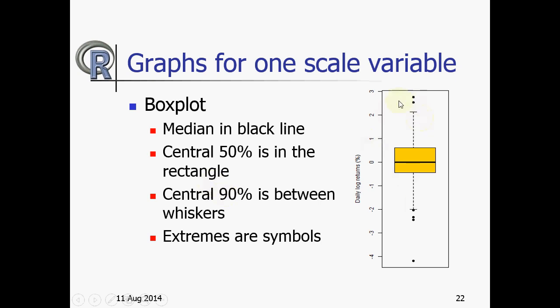Okay. Outside you have the extremes, also called outliers. So values which are individually indicated with a dot, which are very high or very low, outside the central 90%. So this is a box plot.